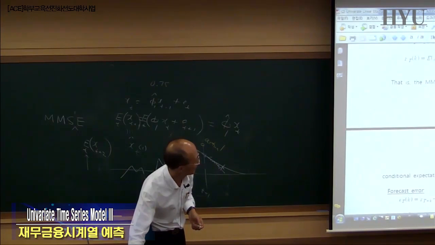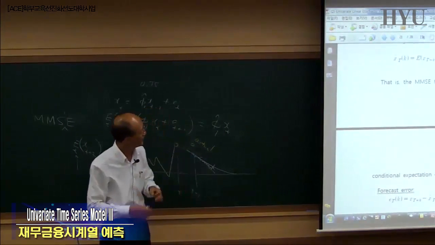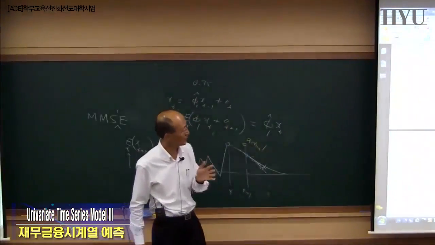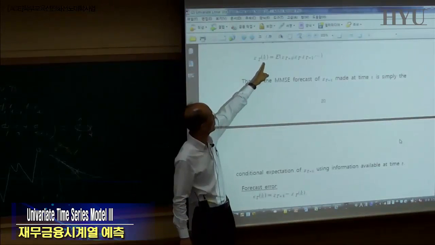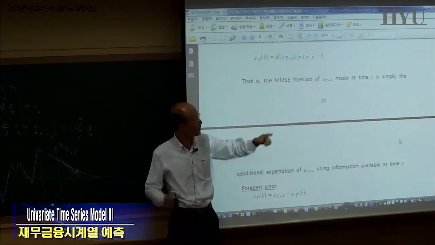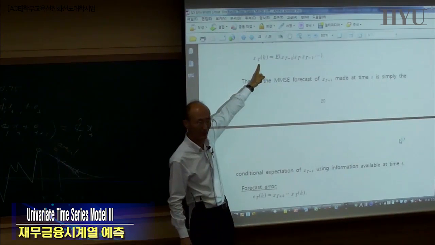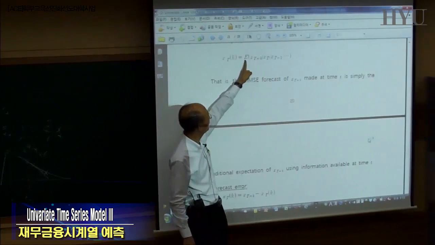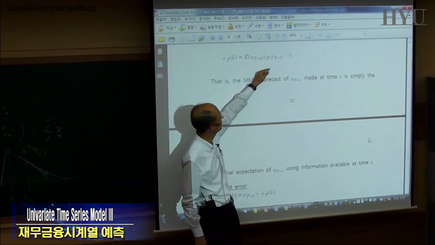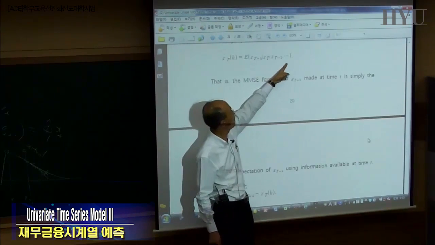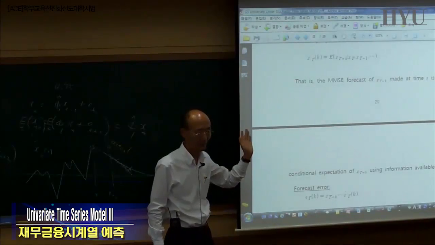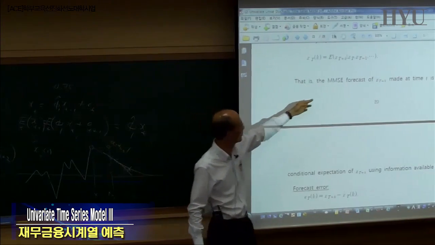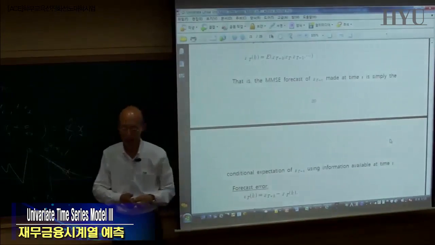Before we get to that exercise, I'll do it next time, first thing in the lecture. If you want to calculate a k period ahead, k step ahead forecast at time t, what you do is you calculate the conditional expectation conditional on information at t. And without proof, that feature is satisfied.